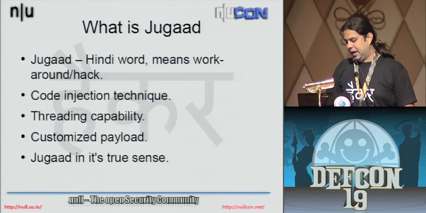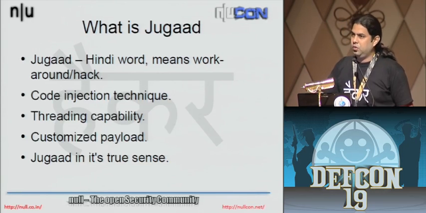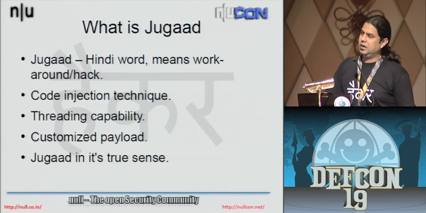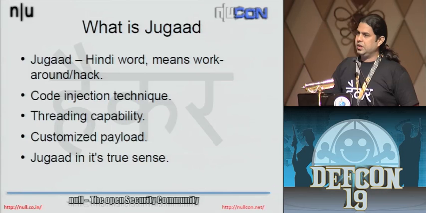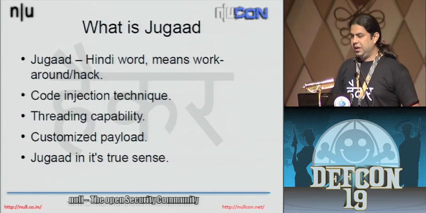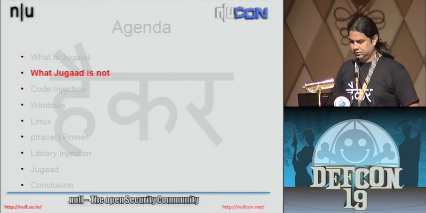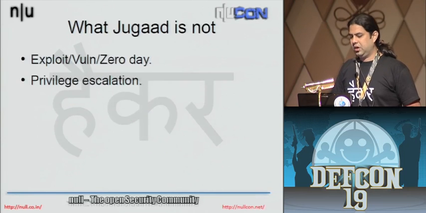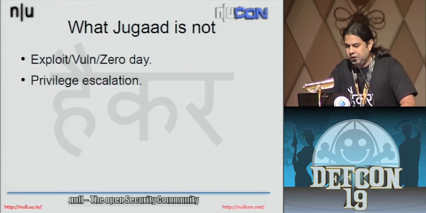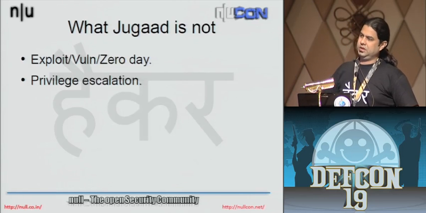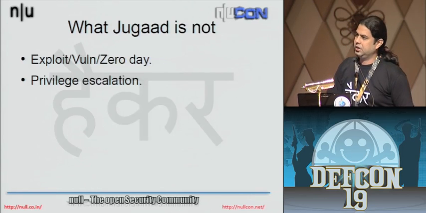I started looking at it from the point of view of Windows malware, where Windows already provides you an API to remotely inject code inside another process, but it's not there in Linux or other Unix platforms. So what it is not: it's not an exploit. I won't even call it a vulnerability because it is one of the features provided by Unix operating systems.